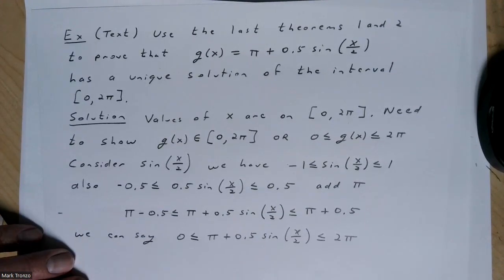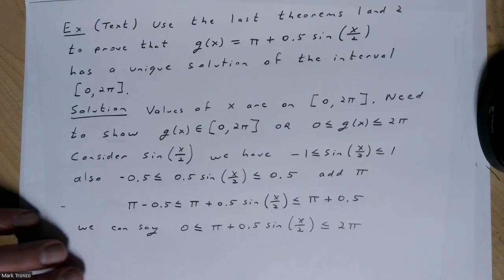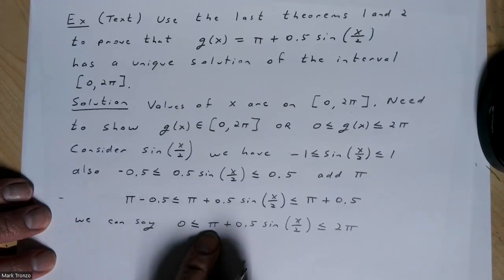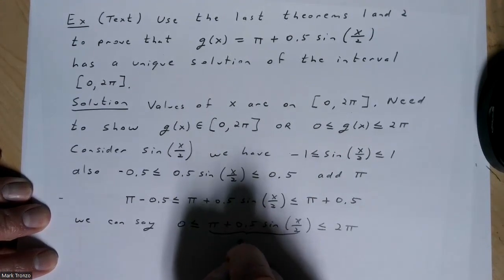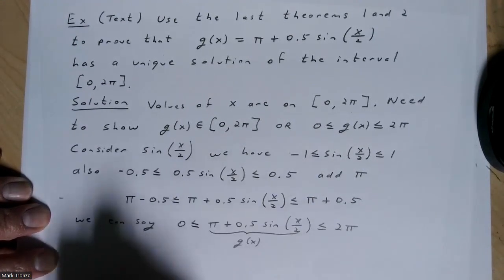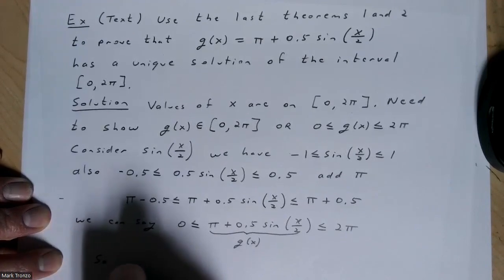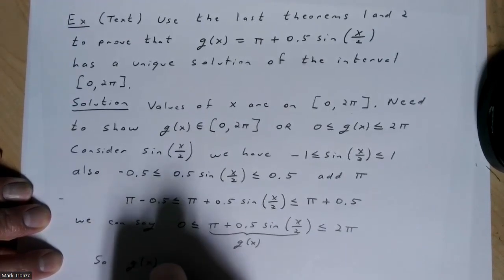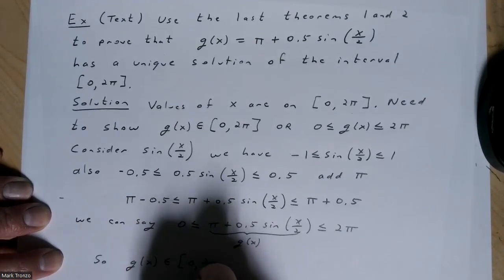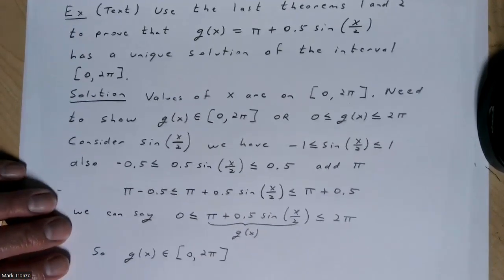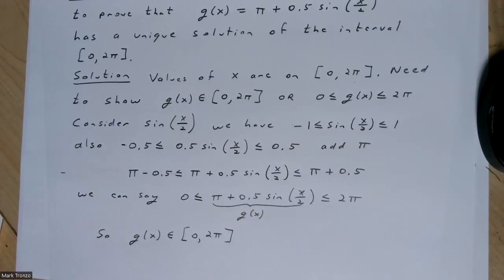And of course, this is our function. So g of x is in the interval 0 to 2 pi.